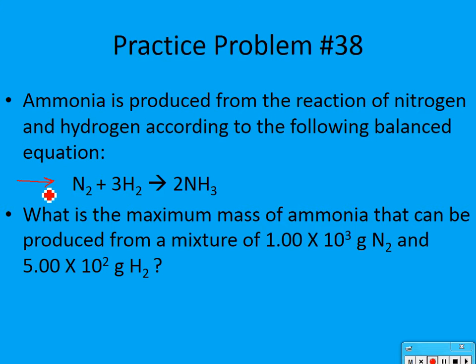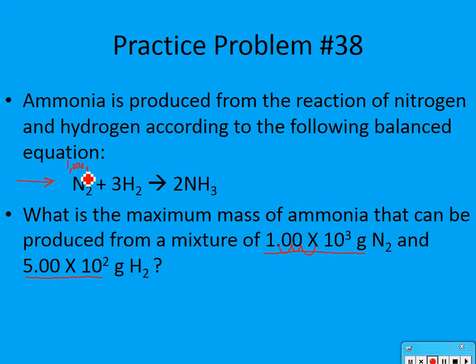First of all, I'm not really used to using scientific notation. Let's switch it out of scientific notation. Let's do nitrogen first. 1 times 10 to the 3. Which way do I move the decimal and how many spots? To the right, 3. So how many grams do we really have of nitrogen? 1,000 grams of nitrogen.